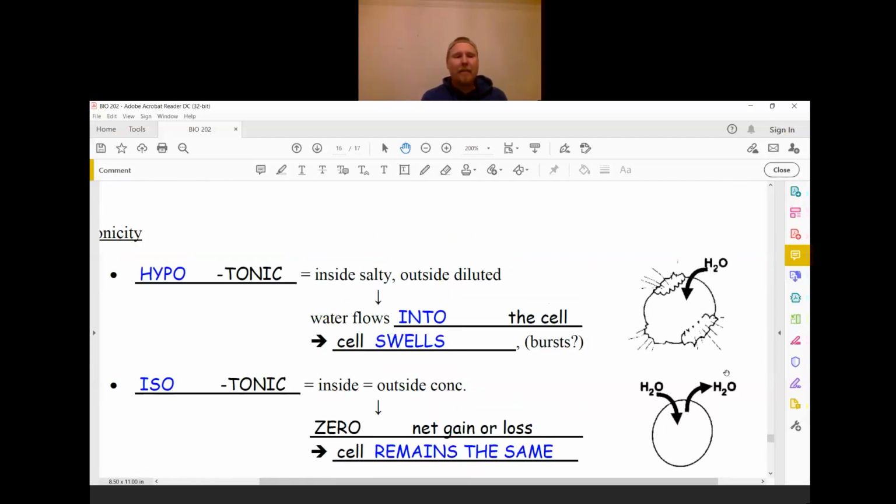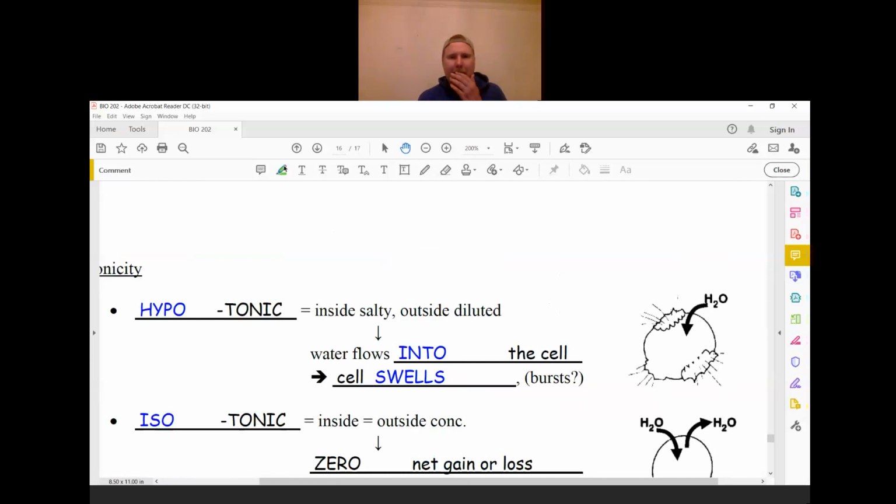Let's start by looking at the situation of hypotonicity. What happens in hypotonicity? So hypotonicity refers to a situation where the insides of a cell are more salty than the outsides, which are then more dilute in comparison to the inside of the cell.